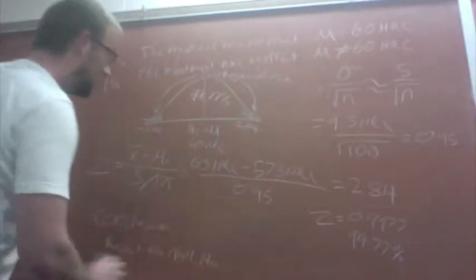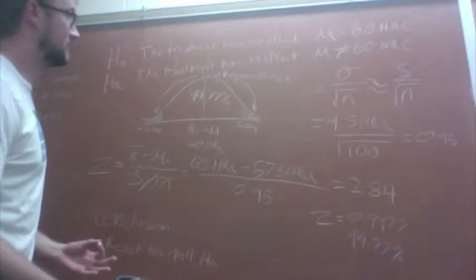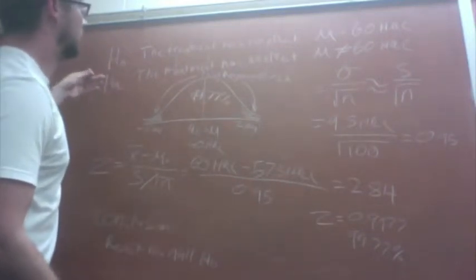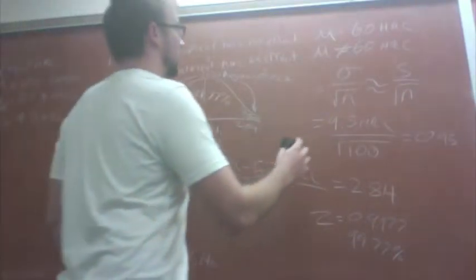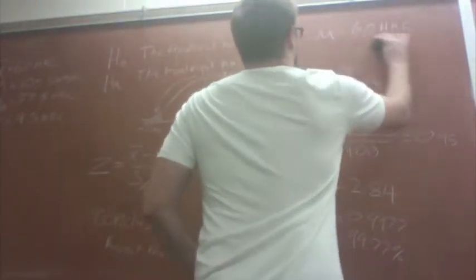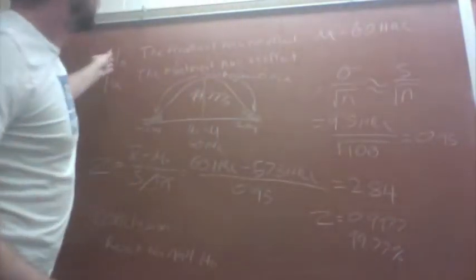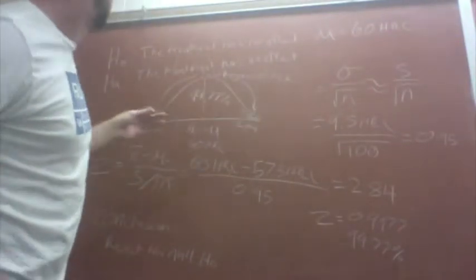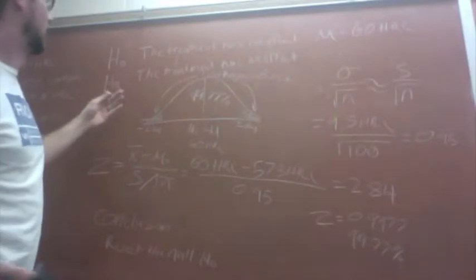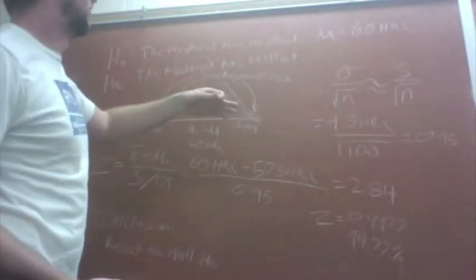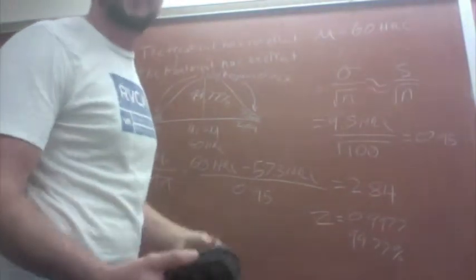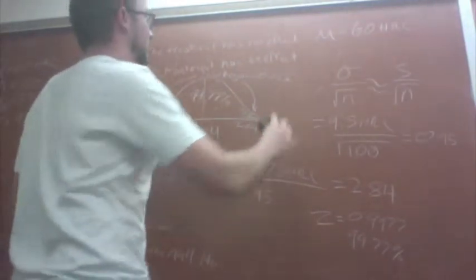So we can keep all the same data that we used for it, but we're going to have to change our null and alternative hypothesis. Our null will actually stay the same. Our mean is still going to be 60 HRC. But instead of saying that the treatment has no effect or an effect on the material, we're going to say it has less of an effect, or there's going to be less hardness in the material.